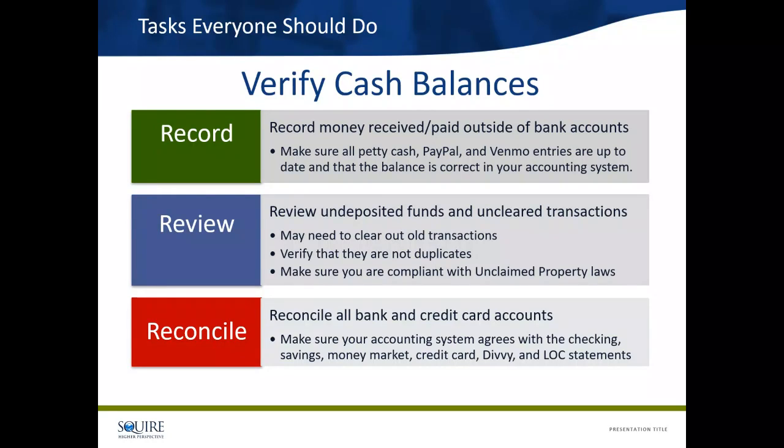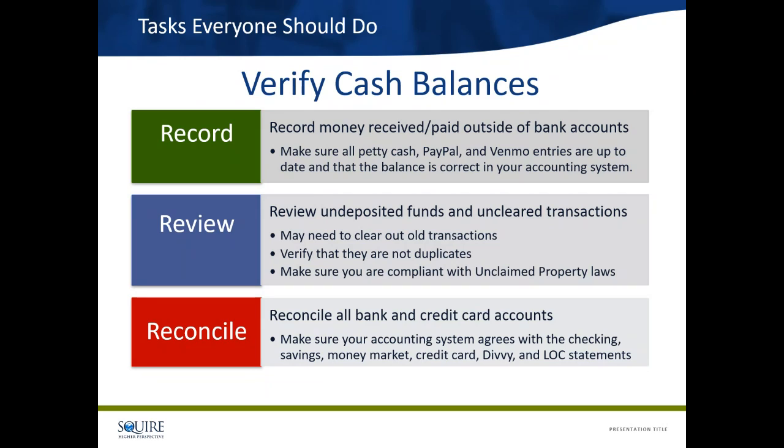So starting just at the top of the balance sheet, the first thing that I would typically look at is your cash balances. So you want to make sure that you've recorded any transactions for money received or paid outside of your bank accounts, because we don't all just use our checking and credit card accounts anymore.